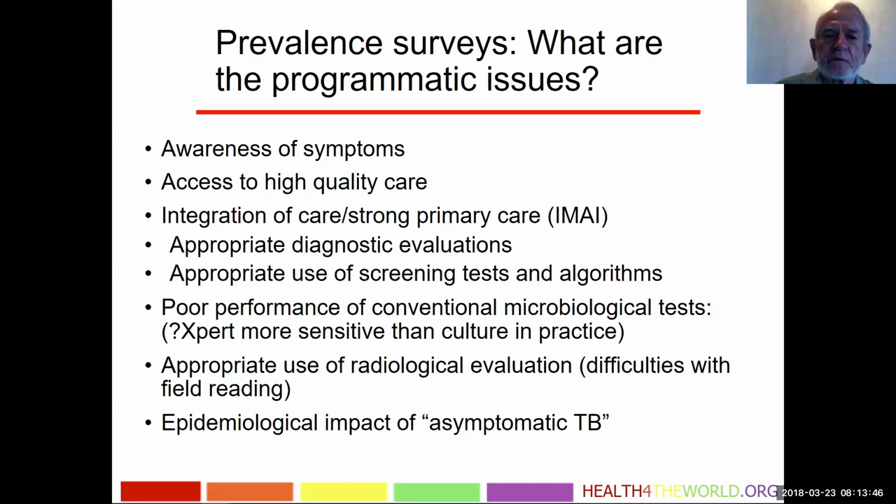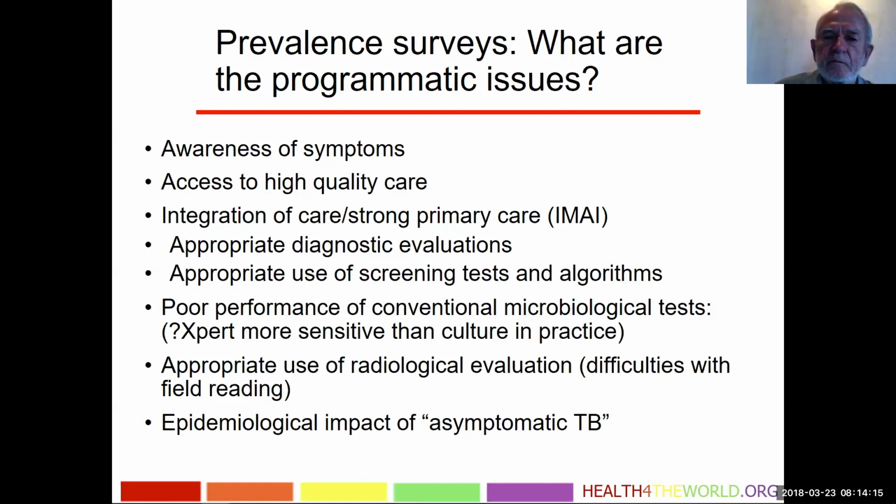We also don't know what the appropriate, most useful screening tests and algorithms are in determining who should be evaluated for tuberculosis, given that cough, the previous, the still current criterion that's used to prompt an evaluation for TB, is not a very sensitive indicator of the disease being present.